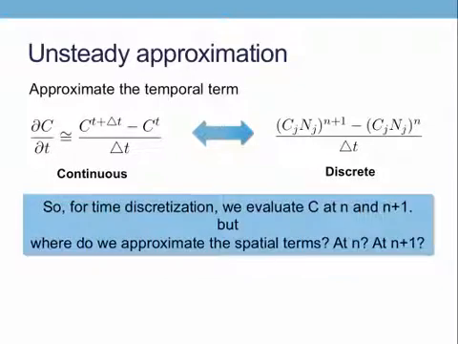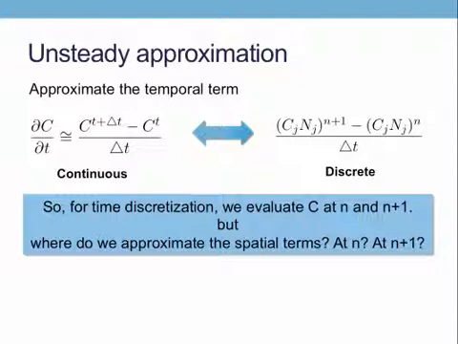So we have a way of evaluating C for the temporal term. We can evaluate C at n and n plus 1, and we can find the difference to determine how C changes over time. But when we do that, where do we evaluate the spatial terms?